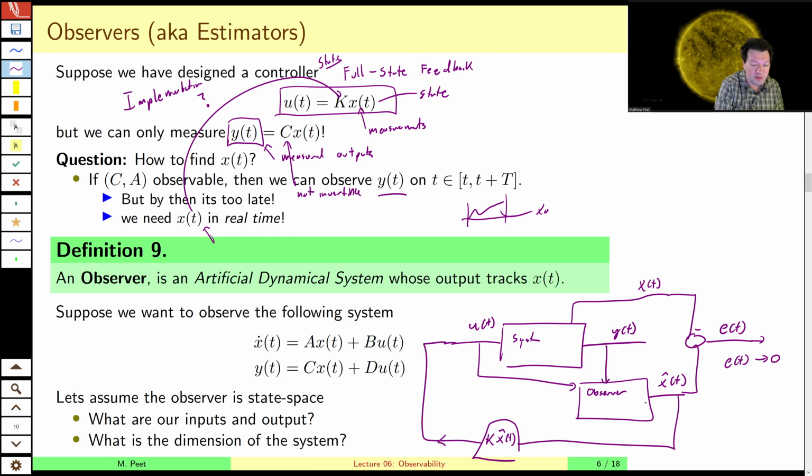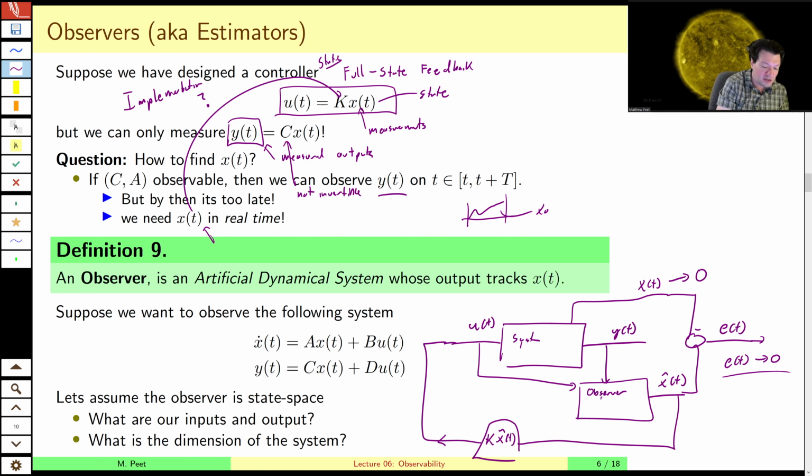So we have two goals. One is to design an observer so that this error goes to 0, and then when we implement that observer, we would like the state itself in closed loop to go to 0 as well. So those are the twin goals here, and we'll see that they're not mutually exclusive.